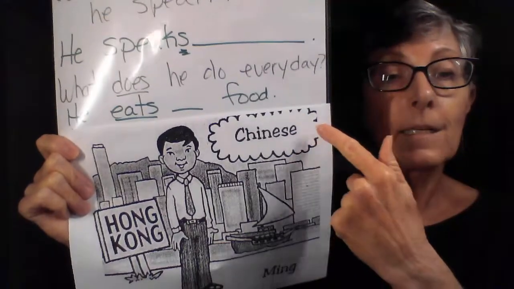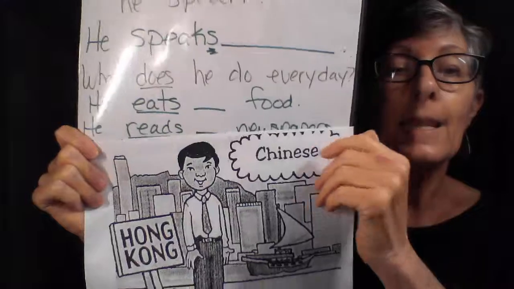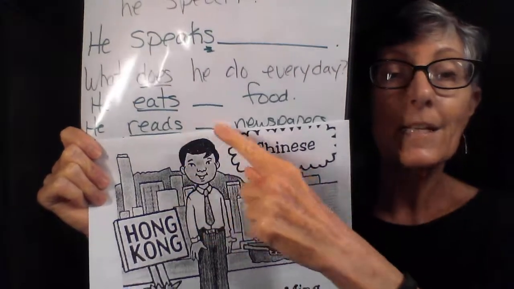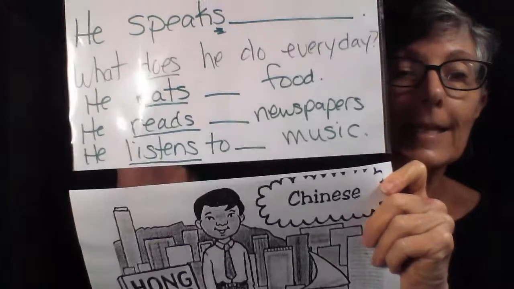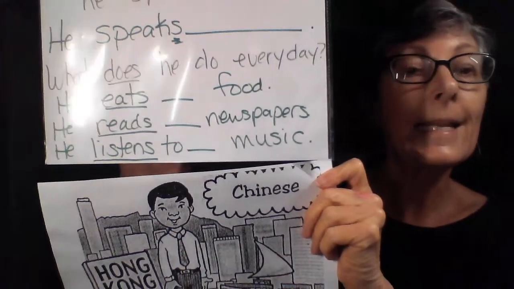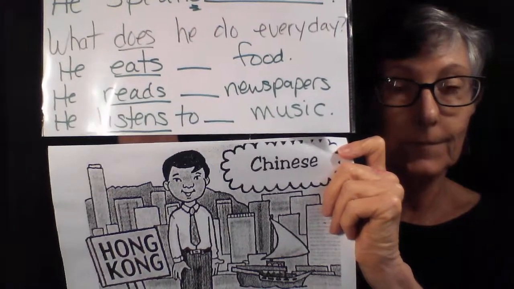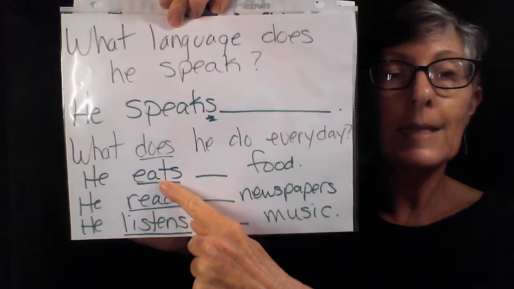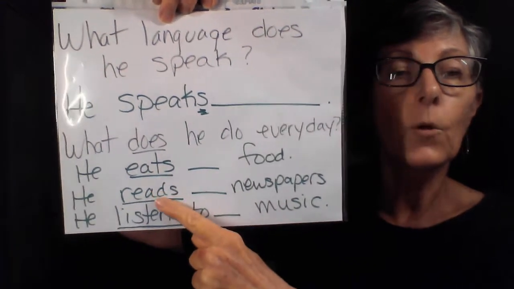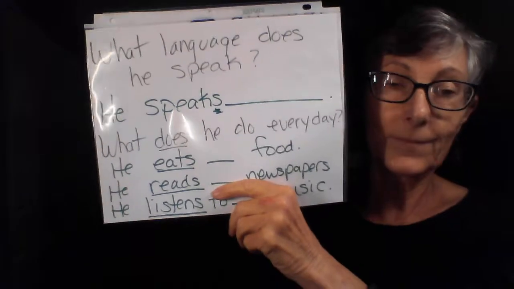He eats Chinese food. He reads Chinese newspapers. And he listens to Chinese music. He eats, he reads, he listens.